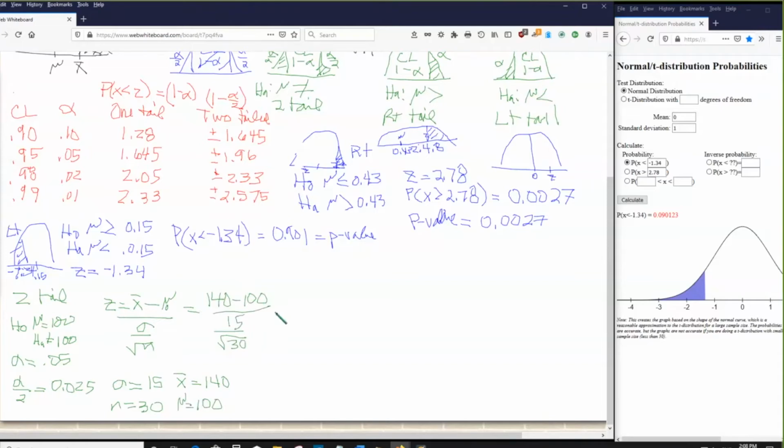And then when I do all of that calculation, that's going to give me 14.6 for my z-value. And then I'm going to plug that in to get my p-value.